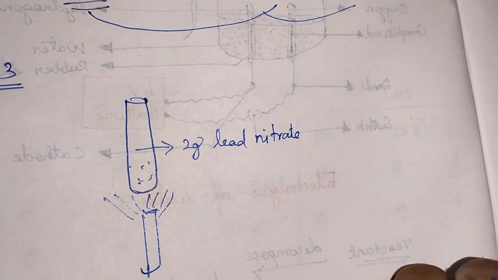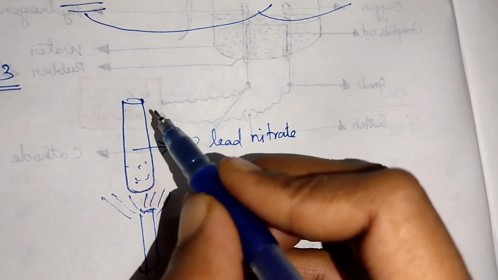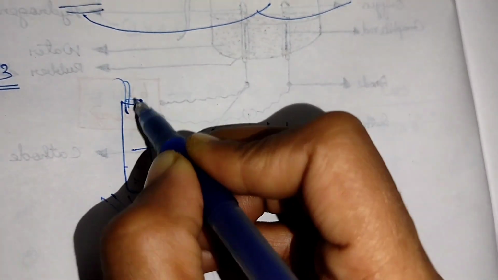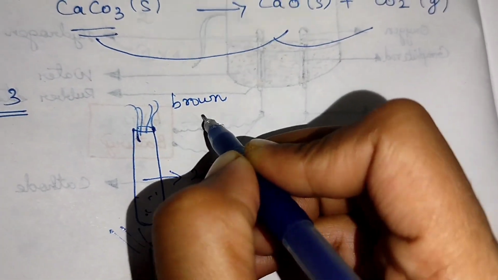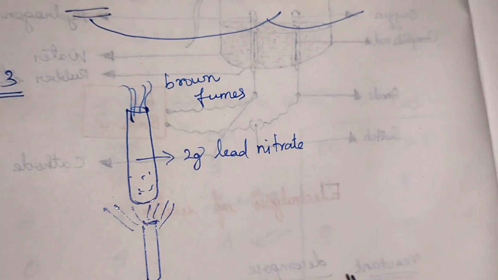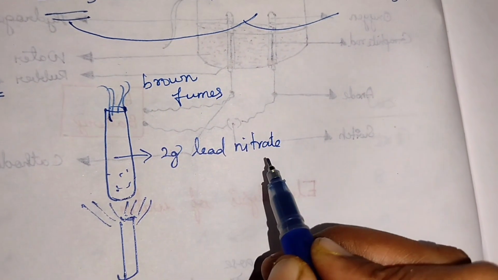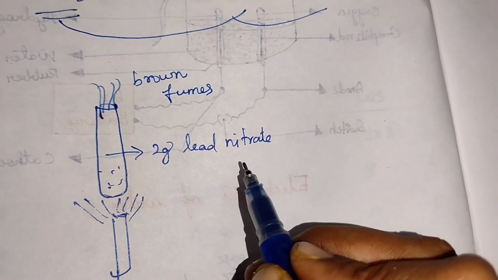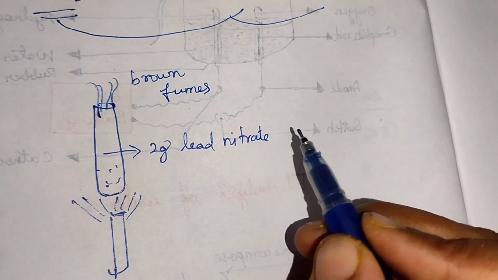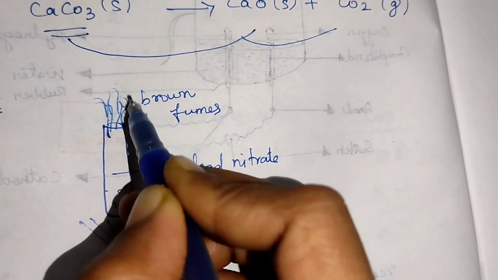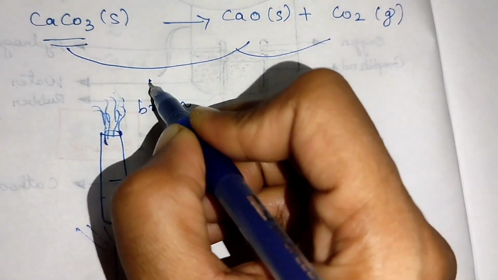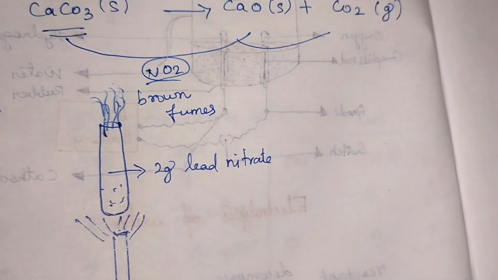After a few minutes, I see some brown color fumes coming out of the test tube. Why? Because this lead nitrate is decomposed into lead oxide, nitrogen dioxide and oxygen. The brown fumes came because nitrogen dioxide is coming out.